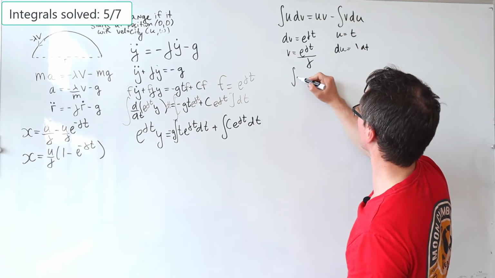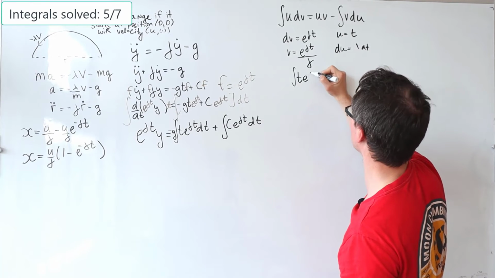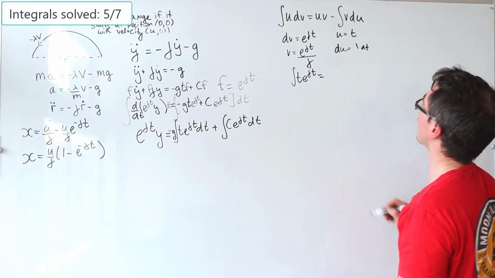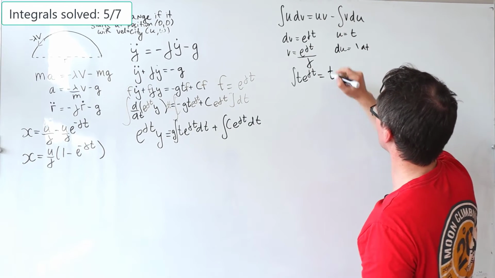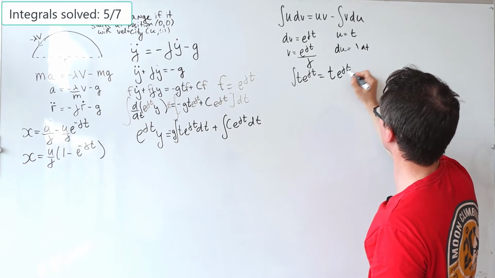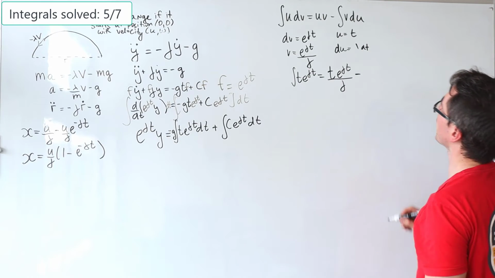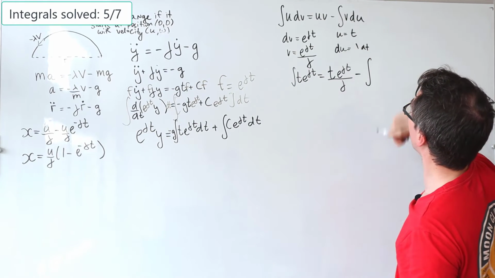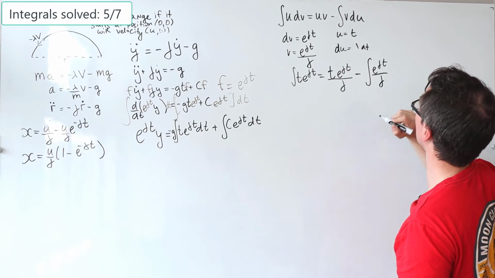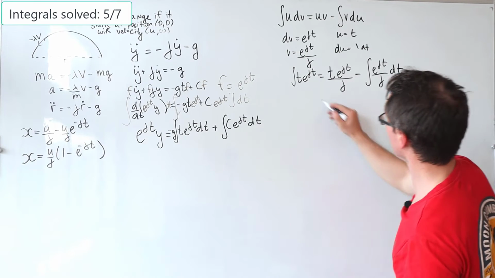So what do we get? The integral of u dv, which is t e to the gamma t, will be given by u times v. So that's going to be t multiplied by e to the gamma t divided by gamma. And then we're going to take away the integral of v, which is e to the gamma t divided by gamma, multiplied by du, which is just dt.